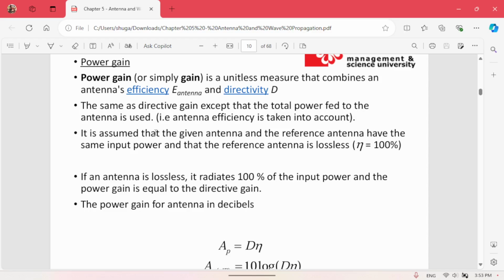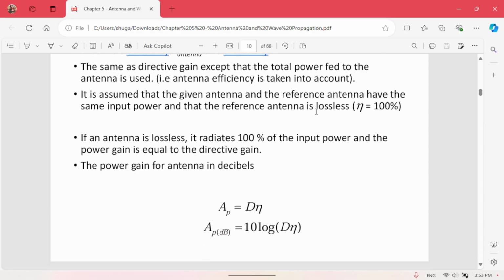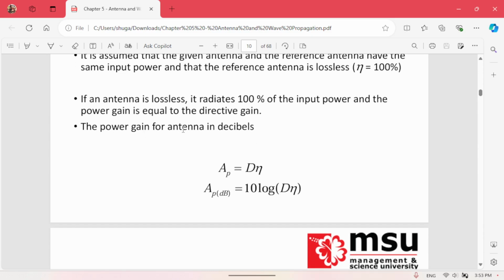It is assumed that the given antenna and the reference antenna have the same input power, and that the reference antenna is lossless, where efficiency is equal to 100%. If an antenna is lossless, it radiates 100% of its input power and the power gain is equal to directive gain. The power gain of antennas is in decibels.